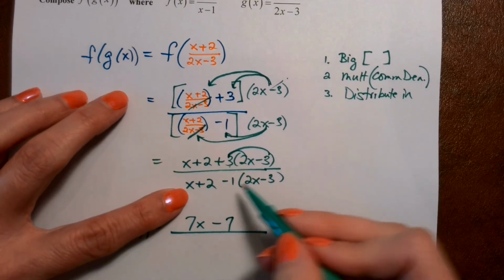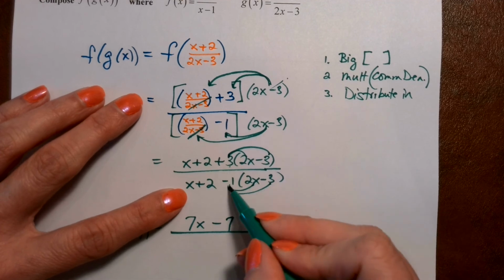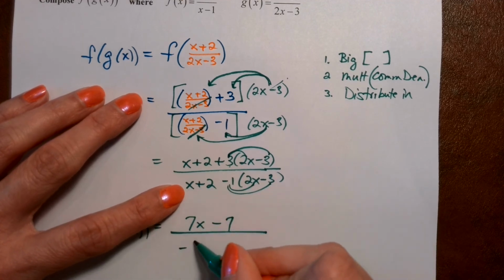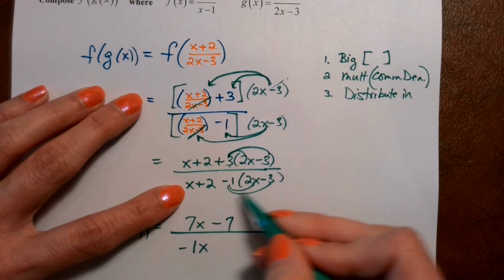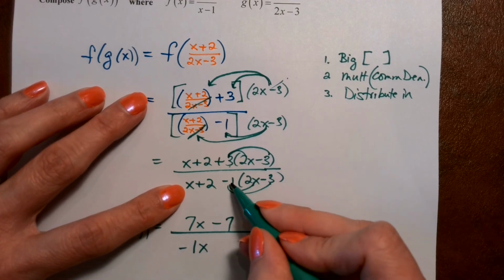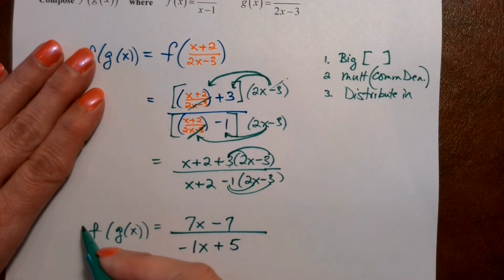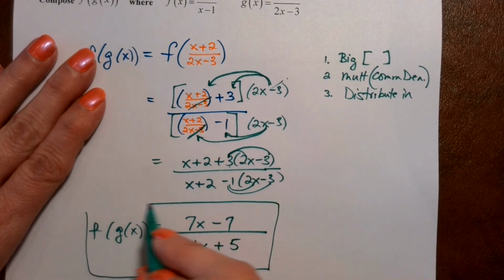And the denominator, let's distribute. That's going to be minus 2x, plus that one is minus 1x. If you need to do this in a couple steps, go ahead. This is going to be a 3 plus 2, which makes a 5. So you have to be able to clean this up nicely.